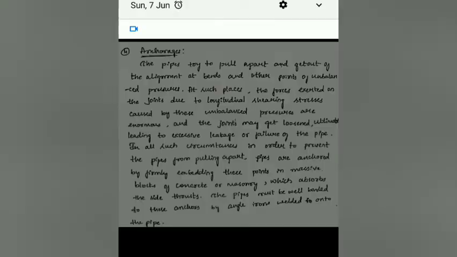In all such circumstances, in order to prevent the pipes from pulling apart, pipes are anchored by firmly embedding these points in massive blocks of concrete or masonry, which absorb the side thrust, and the pipes must be well bonded to the anchors by angle irons and welded onto the pipes.